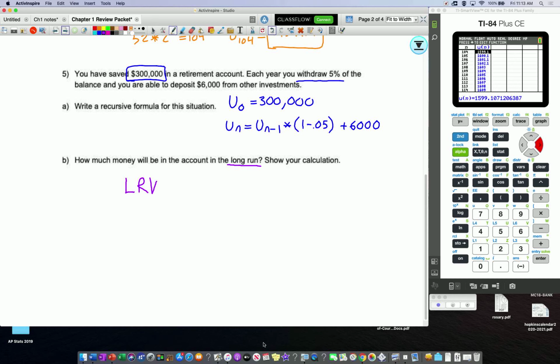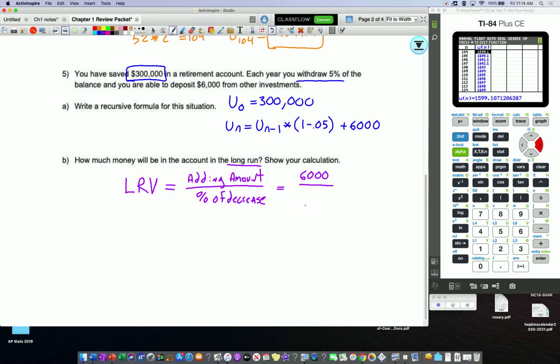So when we're talking about long run, I like to abbreviate long run value. Remember how this value is found by taking the adding amount and dividing it by the percentage of decrease. Okay? So in our case, we were adding $6,000 each and every year.